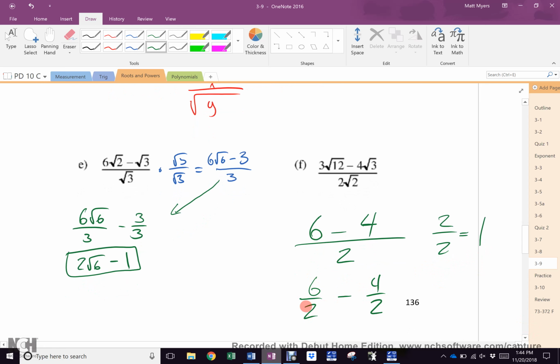6 over 2 minus 4 over 2. Isn't that 6 over 2 right there? 6 over 2 minus 4 over 2. Cool? Oh, okay. What's 6 divided by 2? 3. What's 4 divided by 2? 2. Is 3 minus 2 1? Yeah. So if this equals 1 and this equals 1, don't these two equal? Mm-hmm. Okay, so if this and this must be the same thing then, correct?